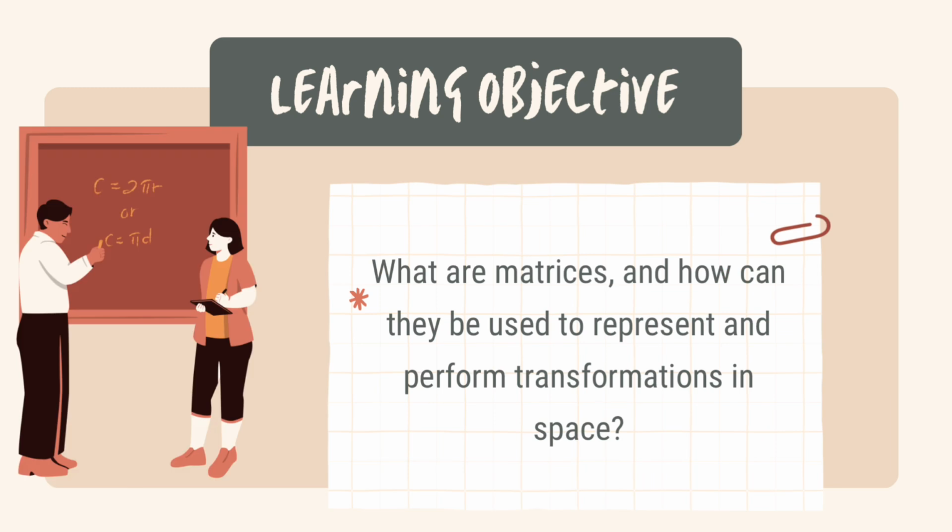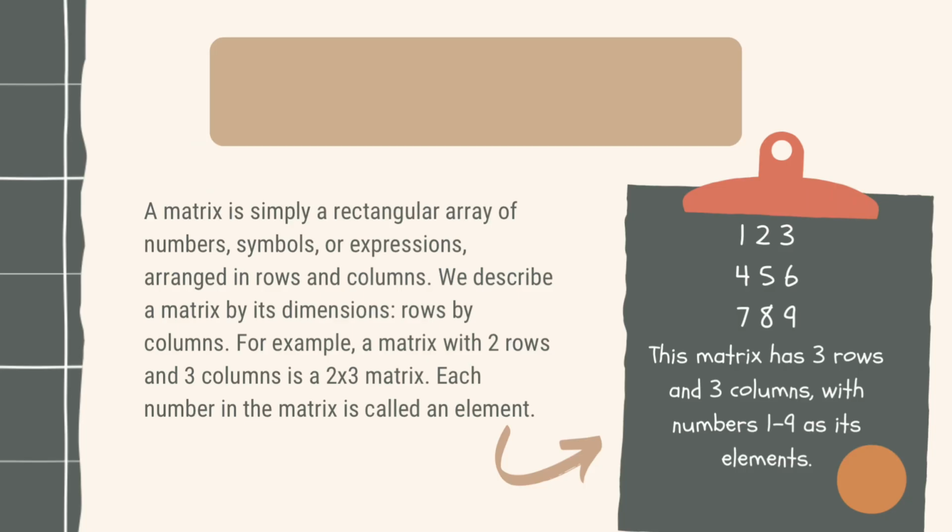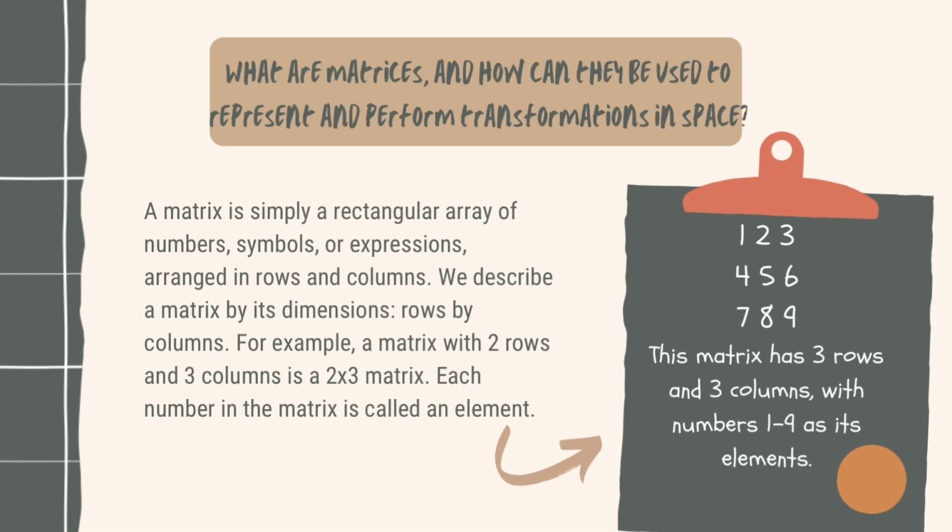However, before we proceed, let's recap on what we did last week. So, what are matrices and how can they be used to represent and perform transformations in spaces? A matrix is a simple rectangular array of numbers, symbols, or expressions arranged in rows and columns.